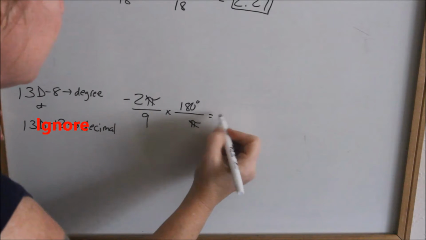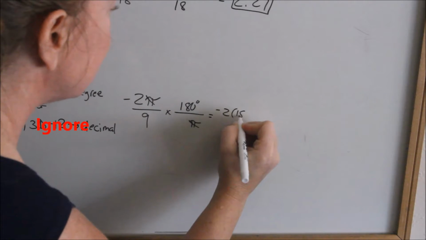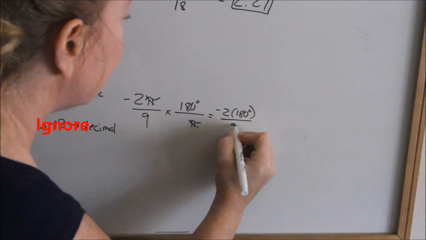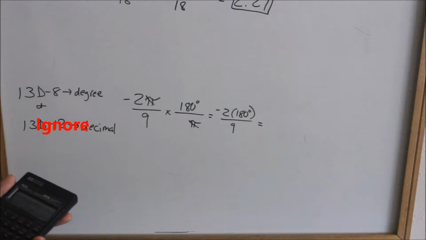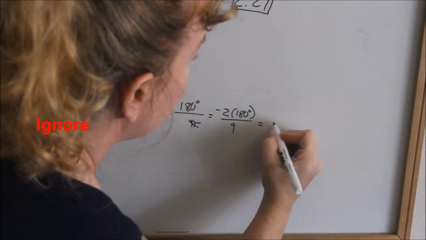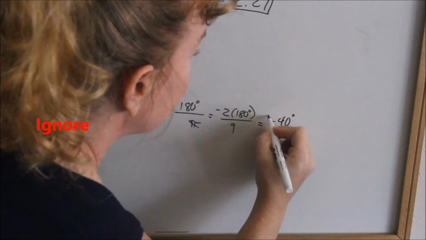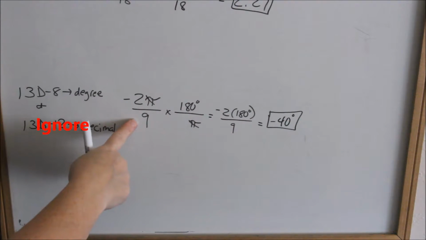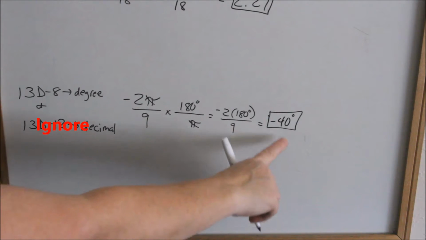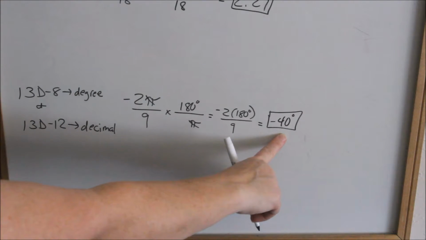So therefore my pi's cancel, and I have negative 2 times 180 degrees divided by 9. So if I go through that, then that comes out to negative 40 degrees. So negative 40 degrees is the same thing as negative 2 pi over 9. Negative 40 degrees, that ends up in quadrant 4.